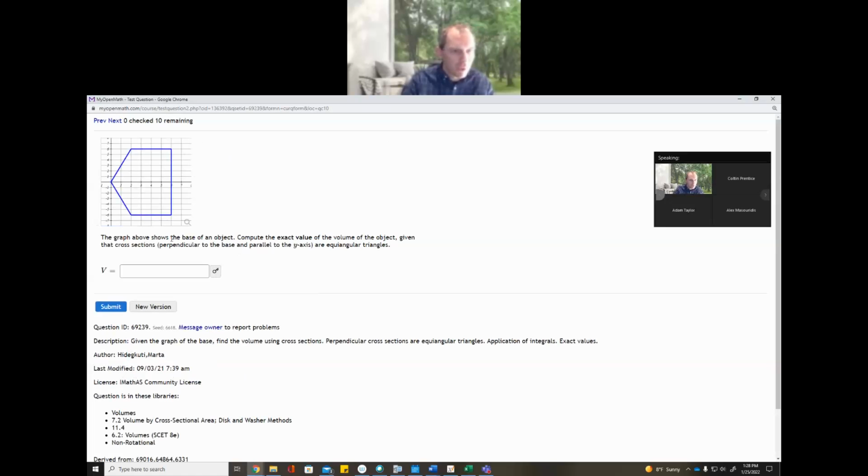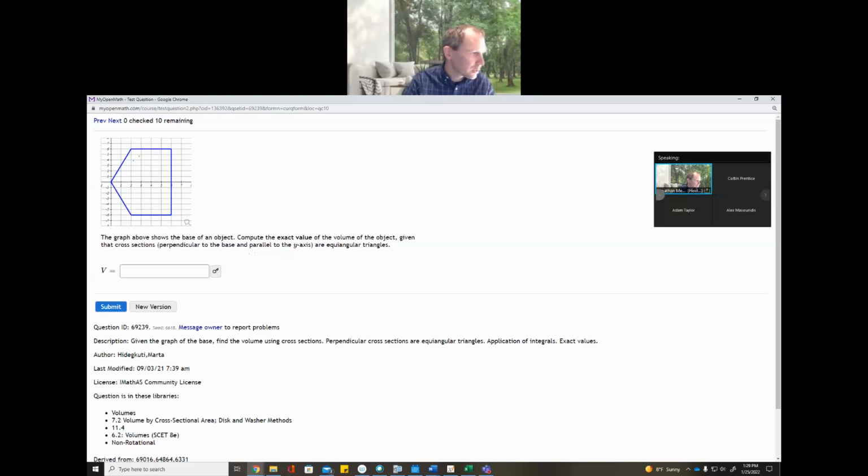The graph above shows the base of an object, right? So this is the bottom. We want to compute the exact value of the volume. Cross sections, which are perpendicular to the base and parallel to the y-axis, are equilateral triangles.